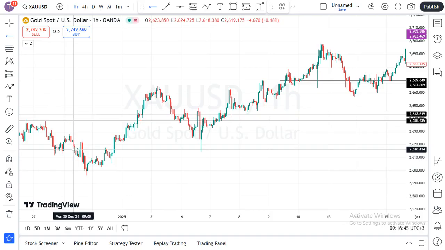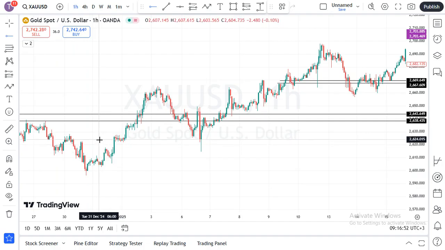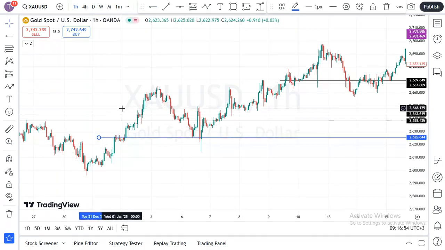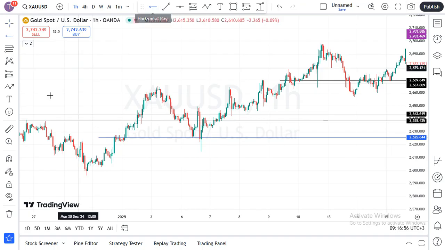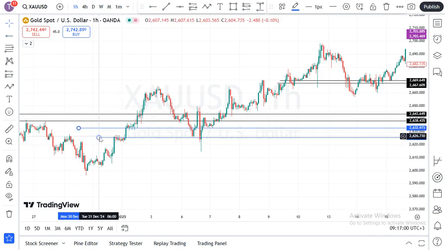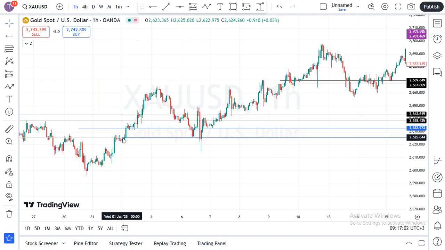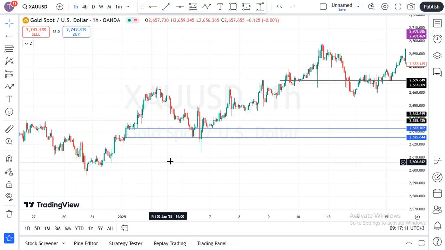We also have this one. So I marked the close of this candle here, and also this third candle there.